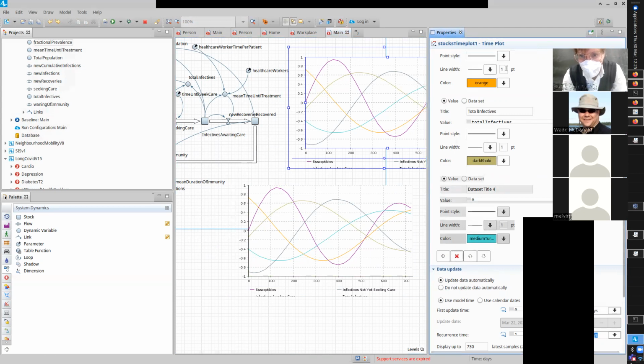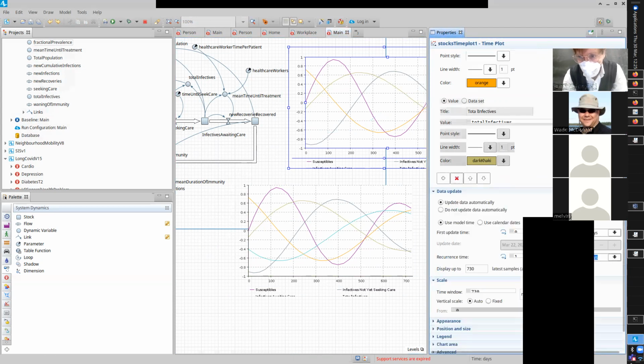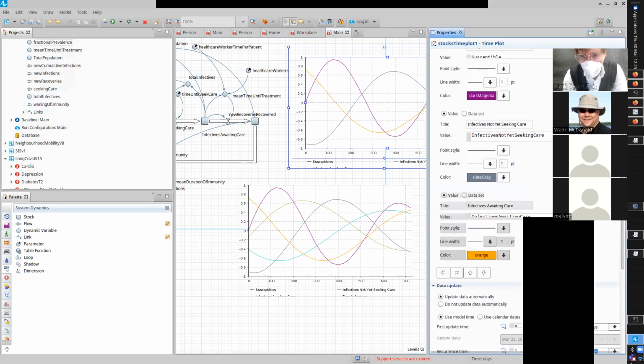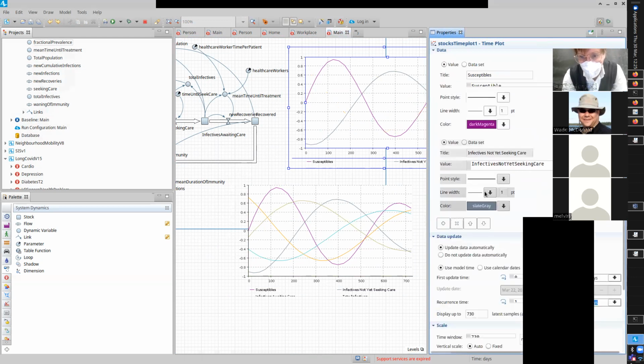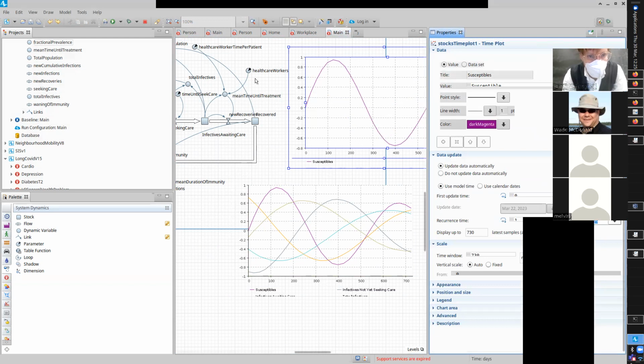I'm going to get rid of most of these things and only plot out one. I'm only going to plot out how long people are waiting, which is given by mean time until treatment. There we go. Okay, great.